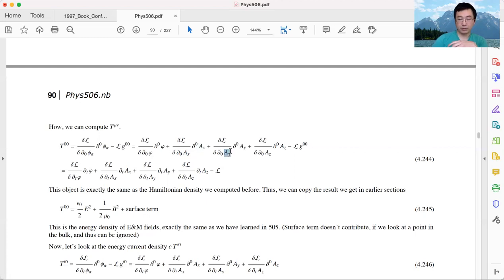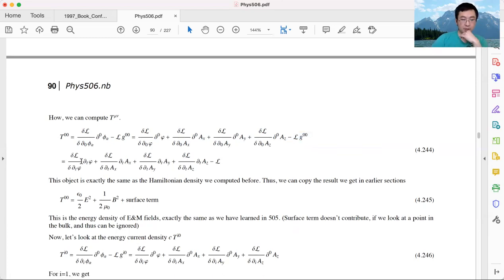Next, vector potential Y, vector potential Y, vector potential Z, vector potential Z. These 4 terms combined together are the first term. We do it for every single field and add them all up. And the second term, we just copy it: minus Lagrangian density times G00.